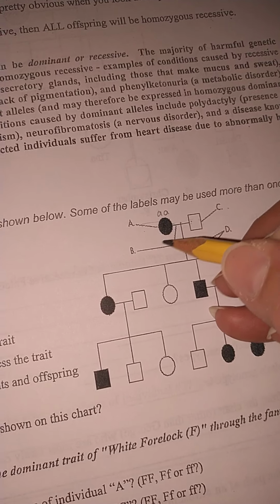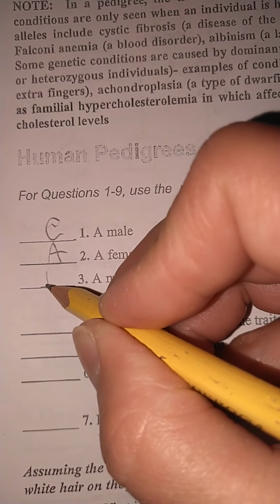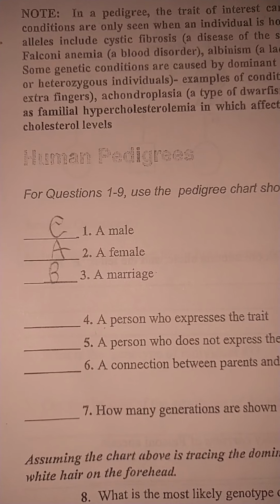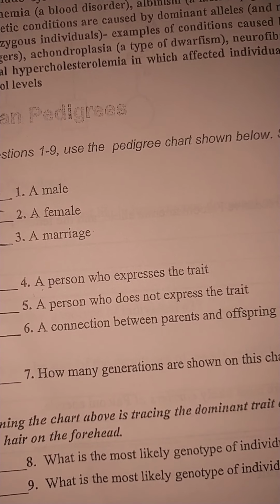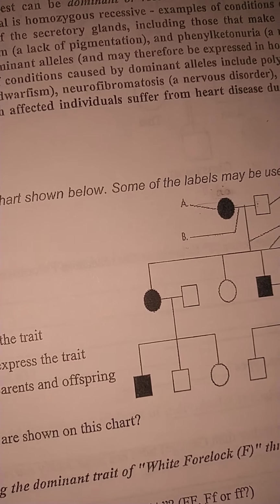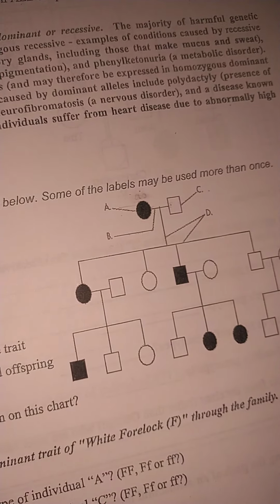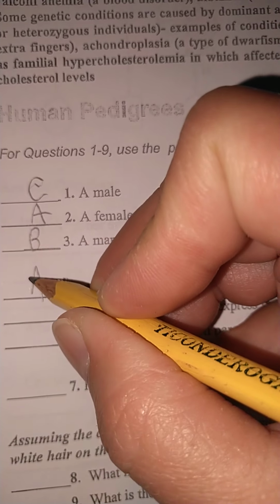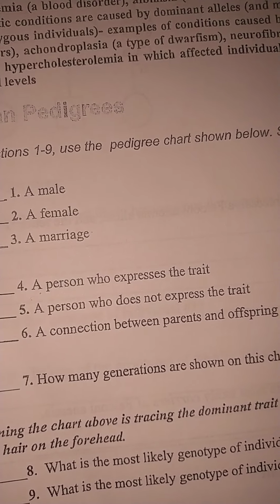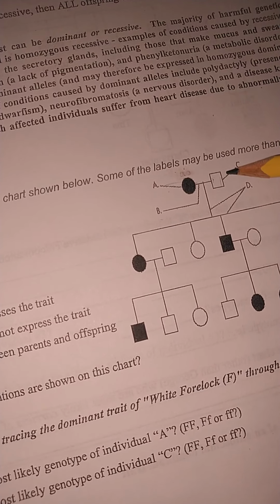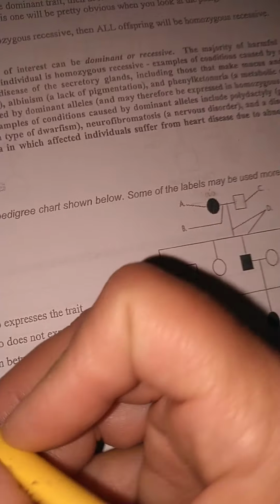So that would be a marriage line there, so that is B. And then it says a person who expresses the trait. Well, we said if they express the trait, they're going to be shaded in. So out of those, A is shaded. A is expressing that trait. A person that does not express the trait would be C.